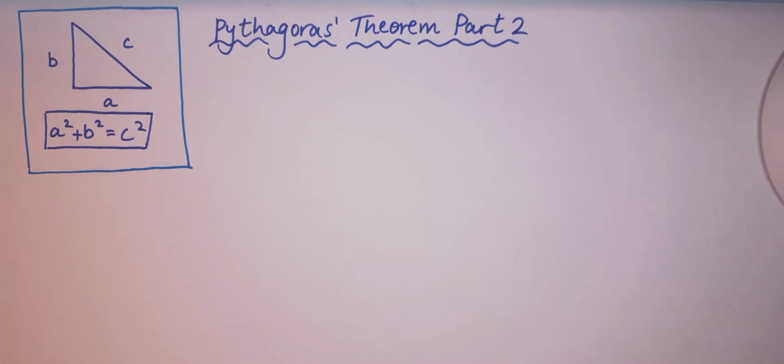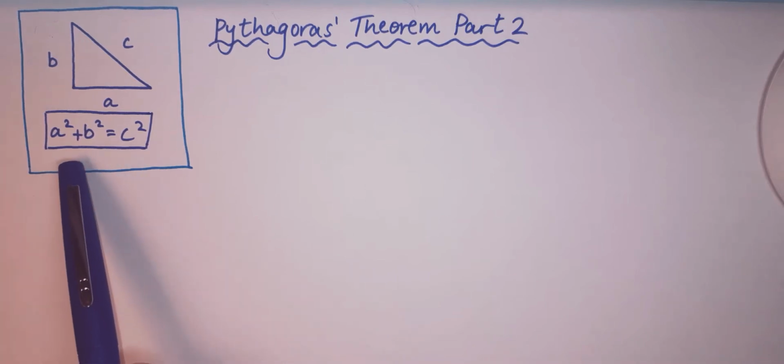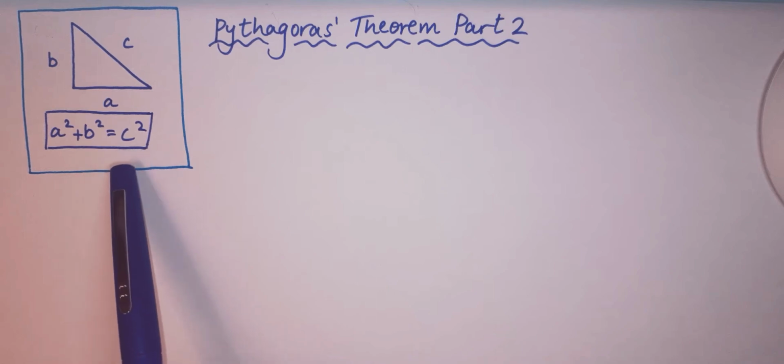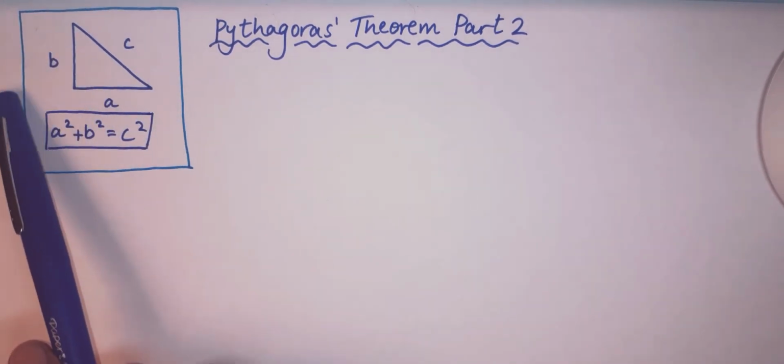So in part 1 of this video we looked at Pythagoras' theorem, and you were given a formula, and that formula is a squared plus b squared equals c squared.